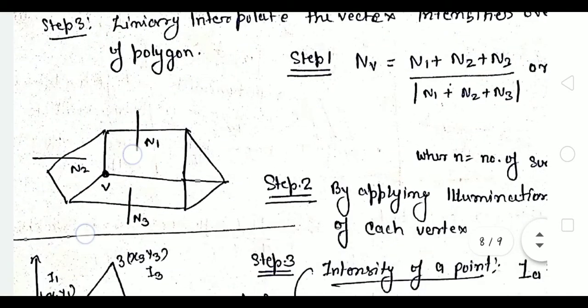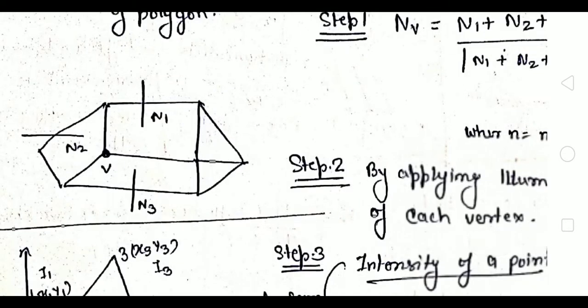Here one polygon vertex is v. Now you have to understand how many normal vectors combine at this vertex v. How can you find the normal vectors? They come from every face, every surface of that polygon, which shares this vertex.